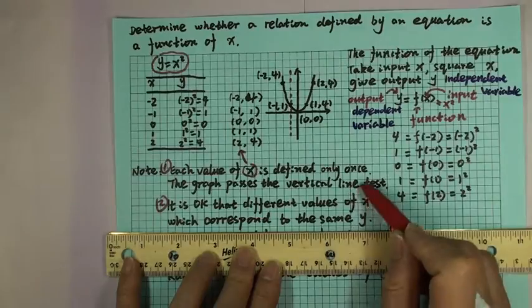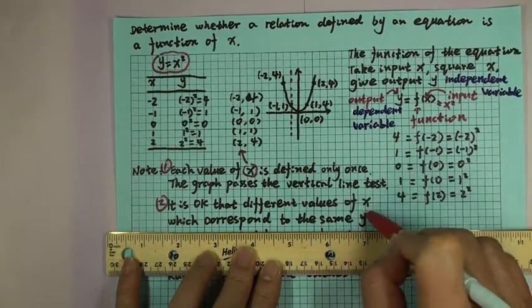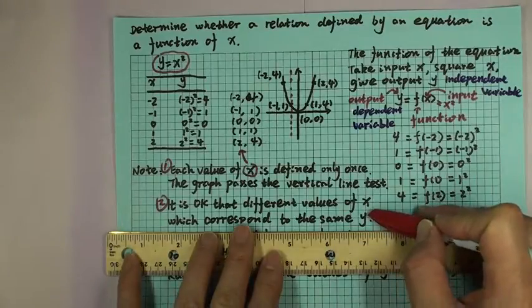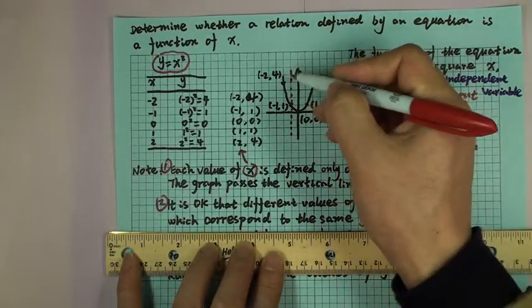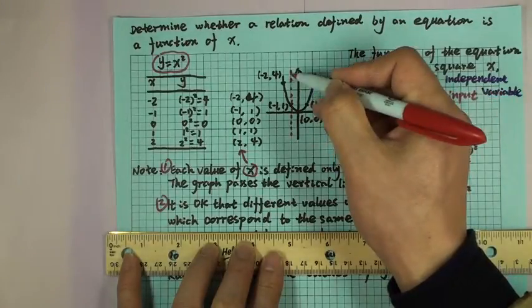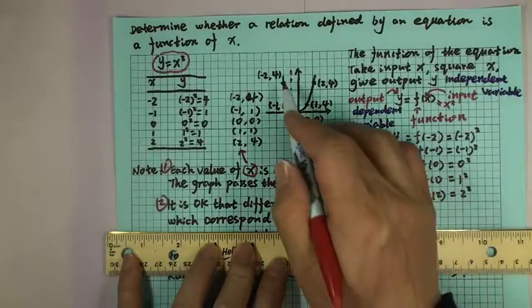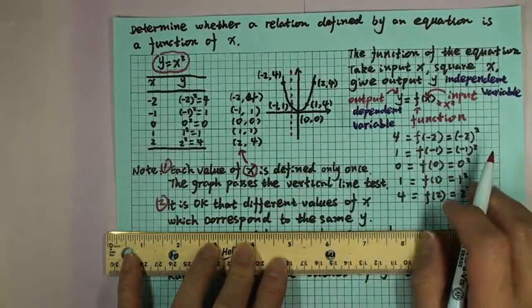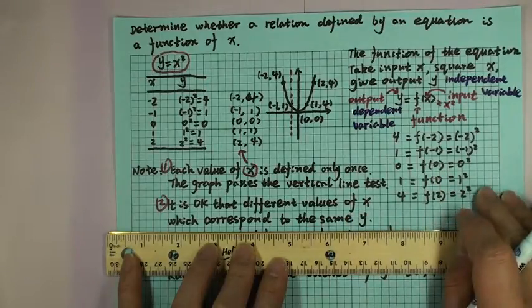So here is very important. You may want to think about those two statements for a while. Anyway, pass the vertical line test. The vertical line has at most one intersection with the curve, then we are okay. It will meet these two. All right.